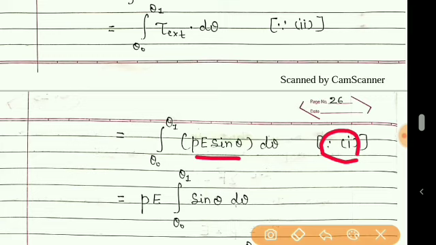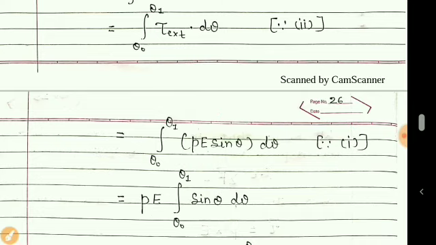Now here the external electric field is constant, and the dipole moment is also constant. So we know that during integration or differentiation, the constants are to be taken out. So what remains is sine theta d theta.